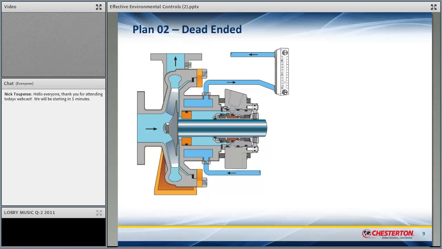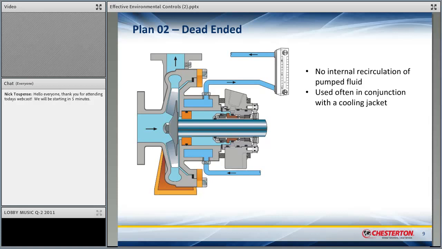The first plan we're going to look at is Plan 02, or a dead-ended seal chamber or stuffing box. So there's no internal recirculation of pump fluid. It strictly comes in through the throat of the stuffing box, but there's no flush, if you will, from an outside source. In many instances, not so much in the water and wastewater industry, but it's used in conjunction with a cooling jacket. And that cooling jacket is here, okay?